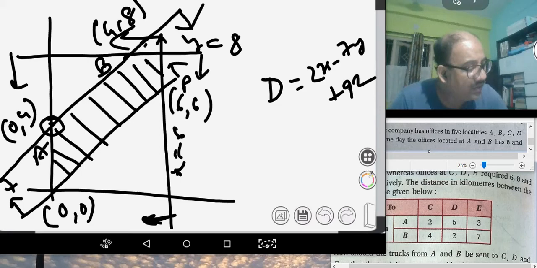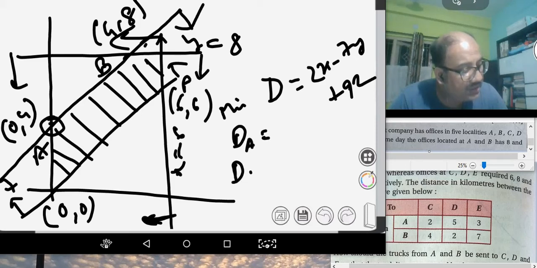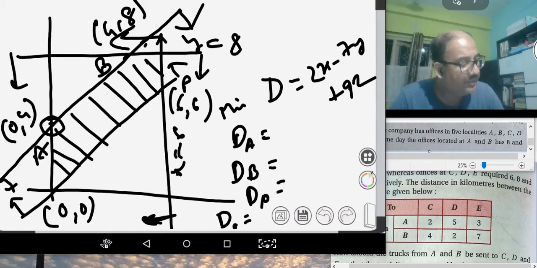That means we have to find out the value of D at the point A, the value of D at the point B, at the point P, and the value of D at the point O. If we put x equals 0 and y equals 4, the value of D at the point A becomes 64.